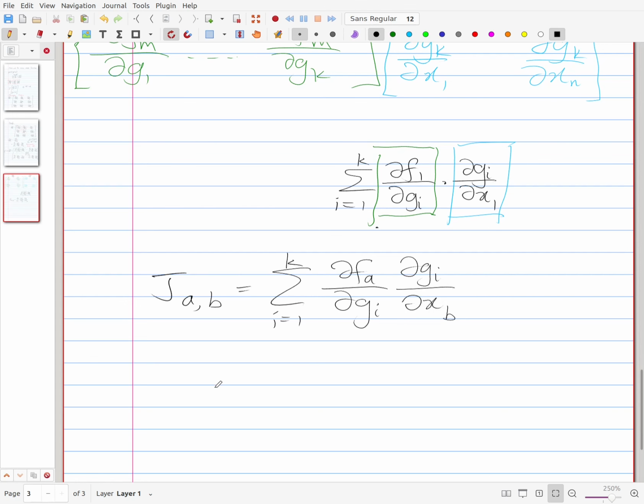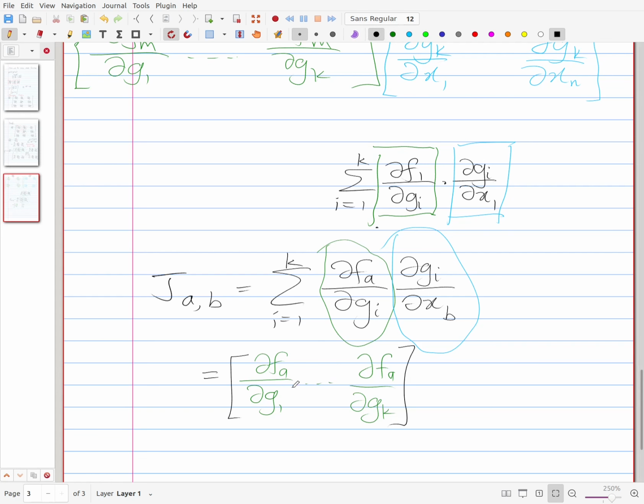And this we can write as, so if I make this a row vector and this a column vector, we get this times a column vector. That looks like that.